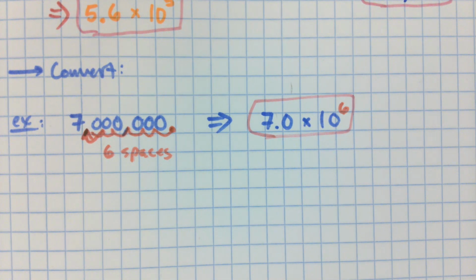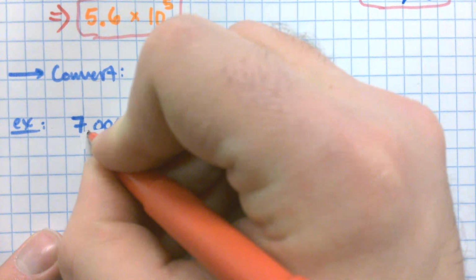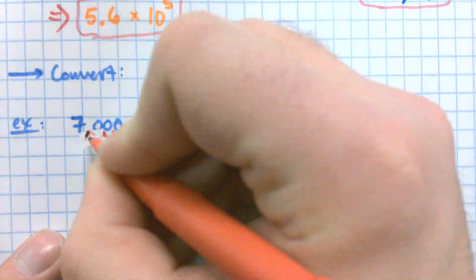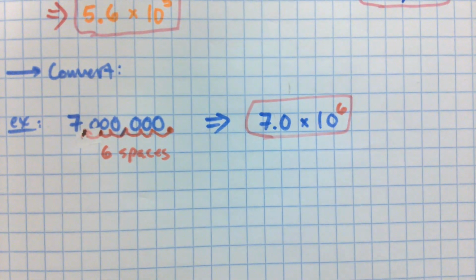I messed up the bumps there a little bit, but I can fix it. 6 spaces over, boom. My power of 10 is going to be 6.